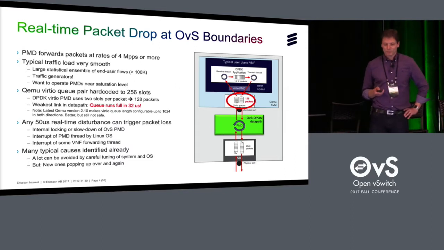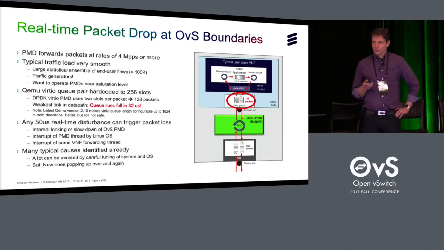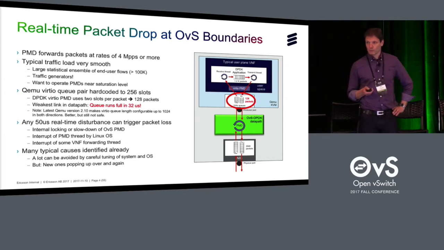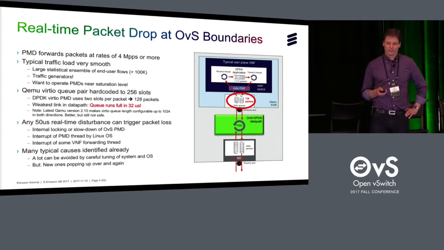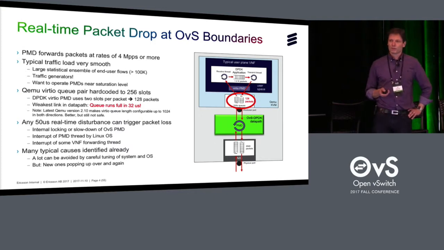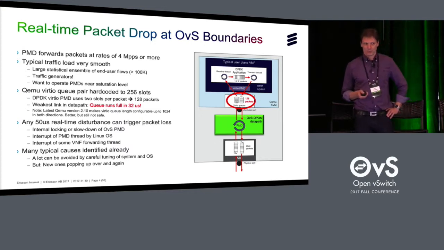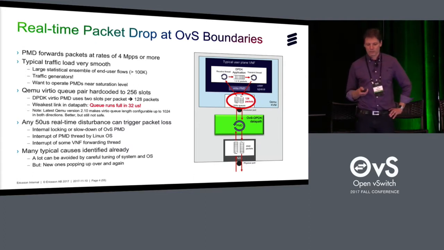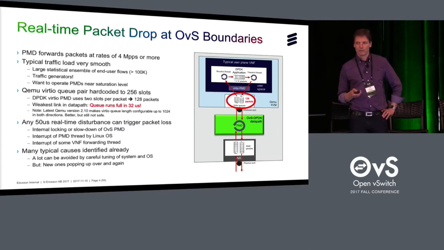But these queues are a weak factor. In particular, the virtio queue in QEMU is limited, hard-coded in QEMU versions up to 2.9, to 256 descriptors. The way these descriptors are used depends on the device and the drivers, but typically every packet consumes 2 descriptors.